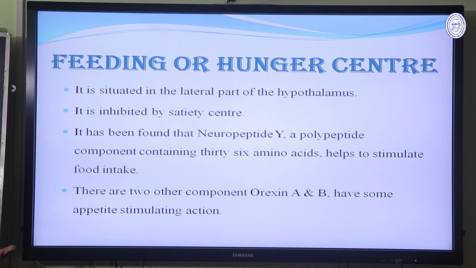It has been found that neuropeptide Y, a polypeptide containing 36 amino acids, helps to stimulate food intake or the feeling of hunger. There are two other components known as orexin A and orexin B. The term orexin refers to consumption of food. They have some appetite stimulating action.